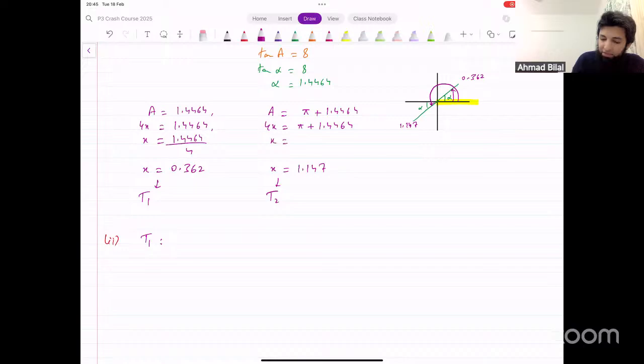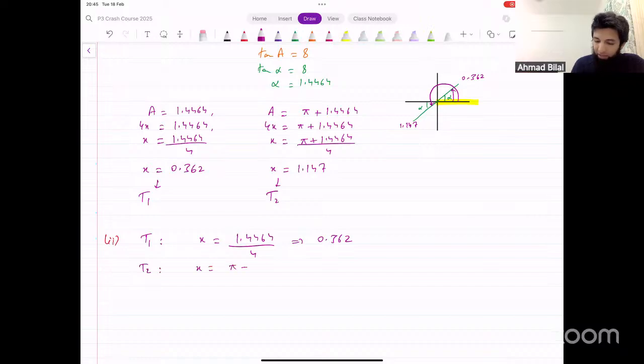And here x was equal to pi plus 1.4464 divided by 4. So T1 is 1.4464 divided by 4. That is 0.362. And then T2 is pi plus 1.4464 divided by 4. And that gave us 1.147.